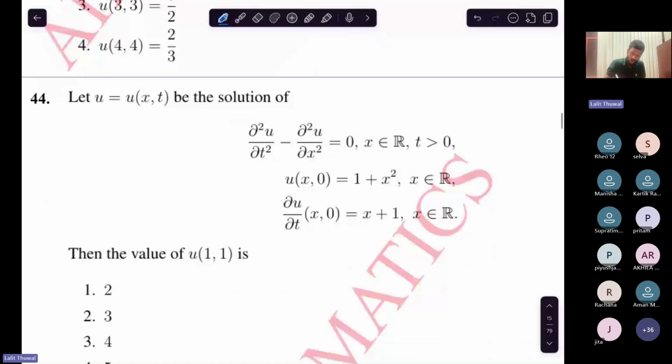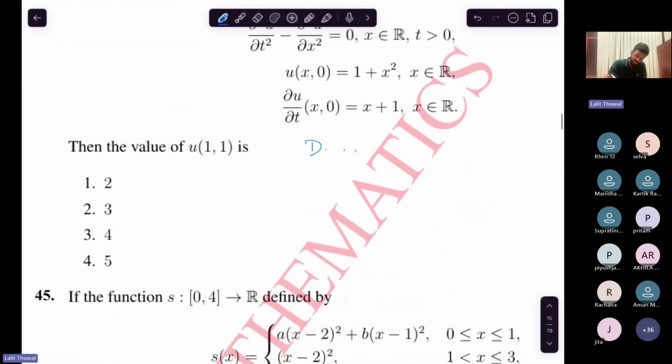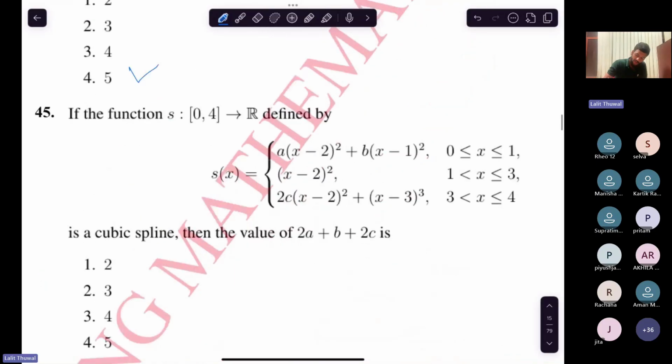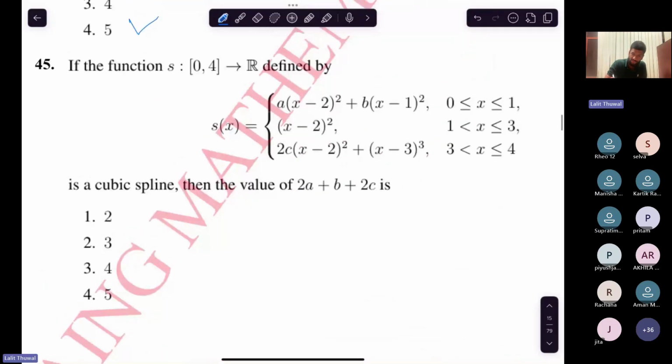So how do you solve this? For u_xt, use the D'Alembert wave equation solution, and the answer is 5. And this one is of cubic spline. The properties of cubic spline are that it is continuous, you can use the left hand limit, and it is continuously differentiable.